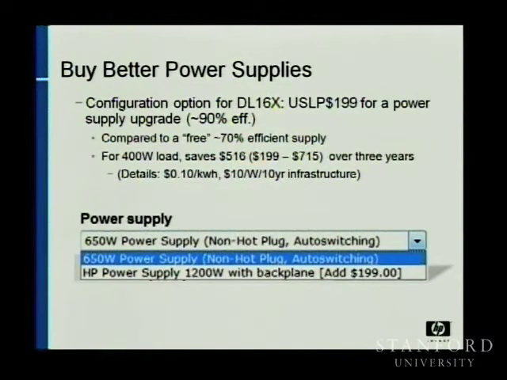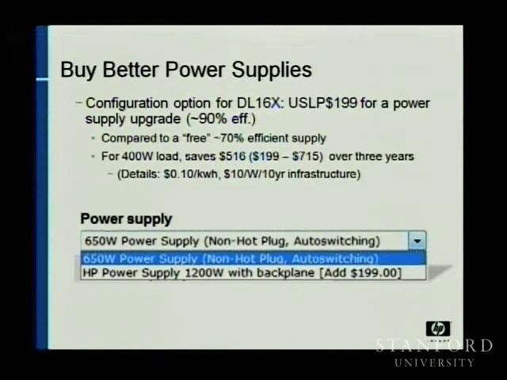So this is, I just picked this from HP, but I did this about 6 months ago. In one of our 1U little servers, you can either pay a base price or you can upsell yourself for an extra $200 list price to get a more efficient power supply.